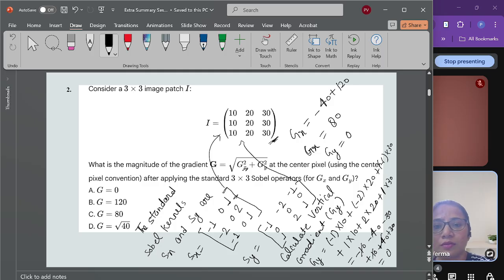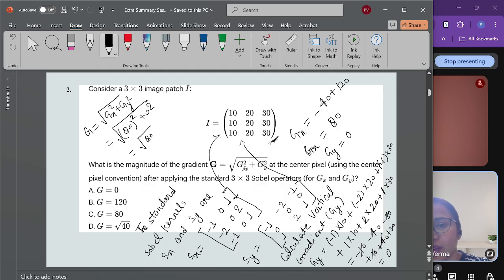And now the overall magnitude of the gradient g is calculated by root of gx square plus gy square. So gx is 80, 80 square plus 0 square. Overall you will get 80 square root, so 80 you will get. So option C is the correct answer for this question.